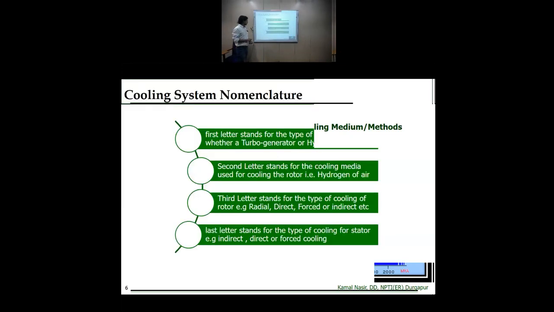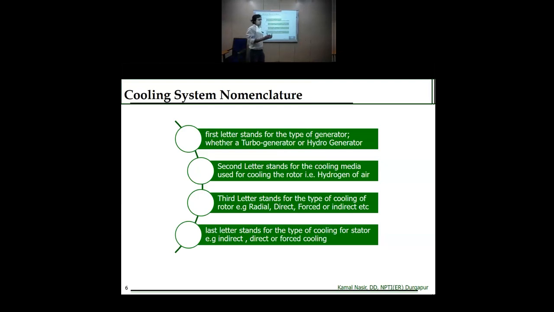Now, in a cooling nomenclature, any equipment that is being cooled by any media, in this case a generator, we have 4 alphabets that will be depicting it.